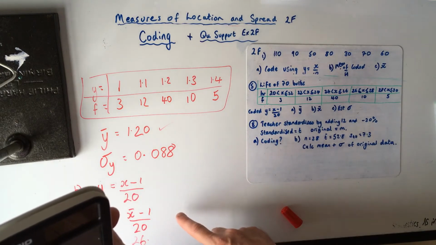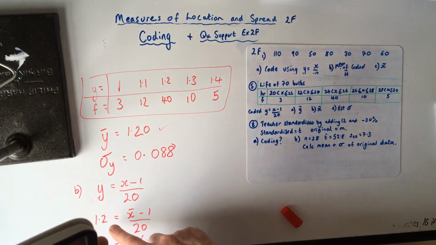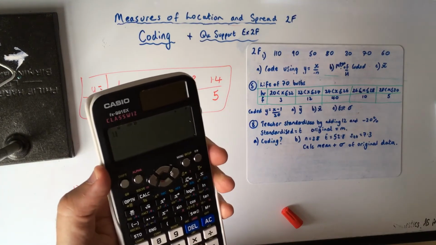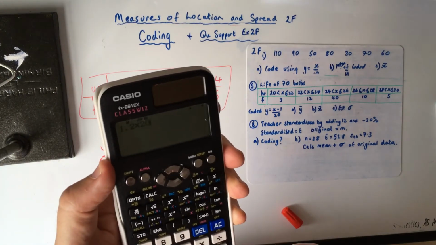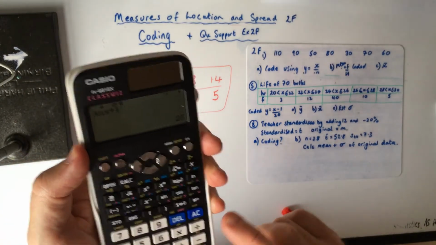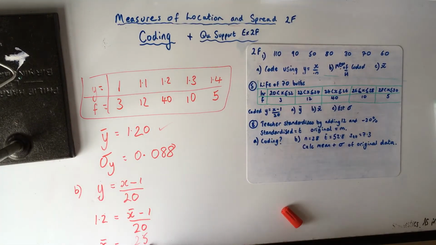So 1.2 times by 20 and then add 1 is 25. I don't know where I got 26 from. It's 25, sorry, that's right. x bar is 25. Sorry, I'm making a right mess. I guess I might edit it, this one.